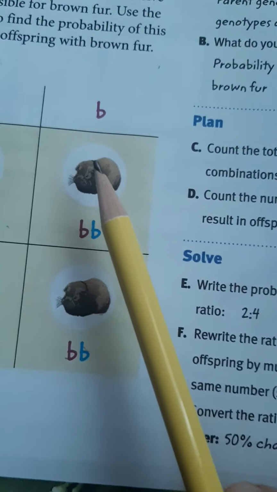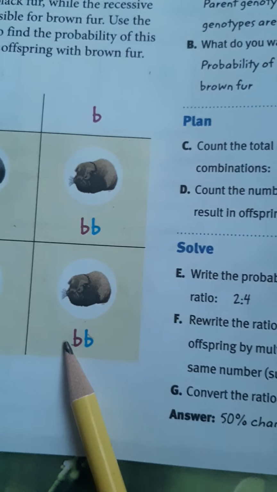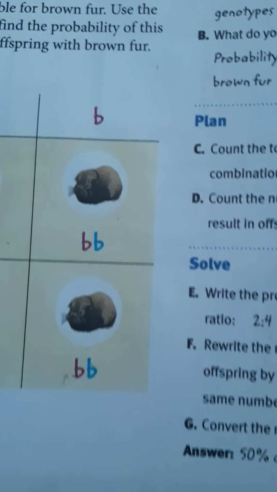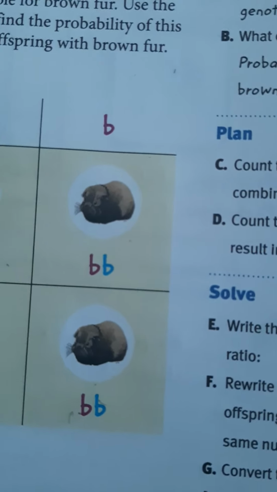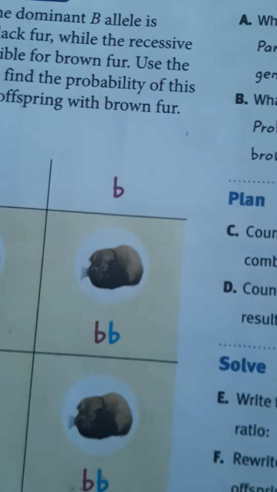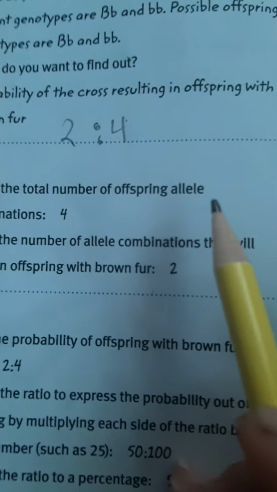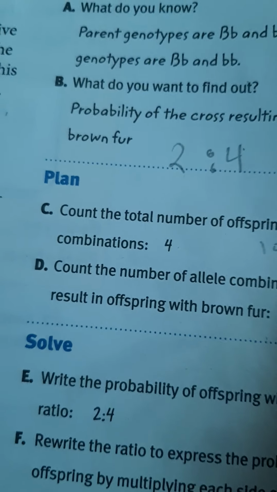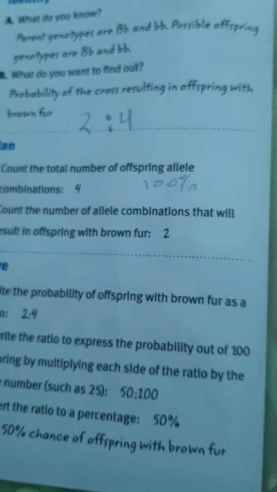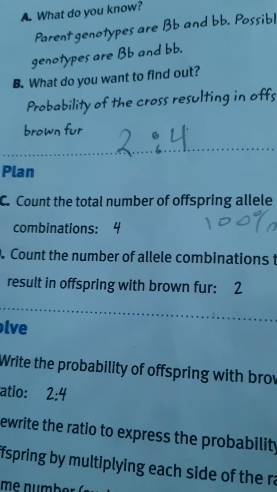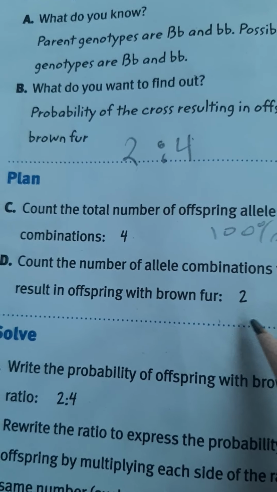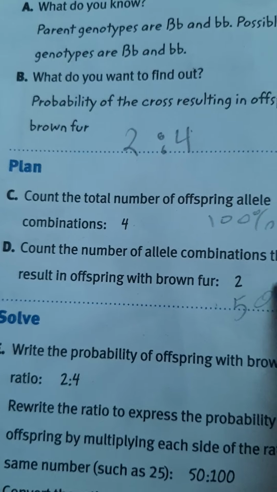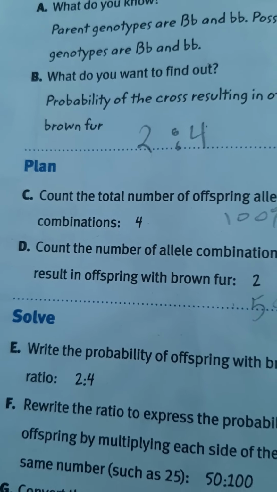We said that we have 2, with the homozygous recessive allele, so they will be brown. Now the ratio here: 4 out of 4 is 100%, right? Now, 2 out of 4 is 50%. Okay, guys?